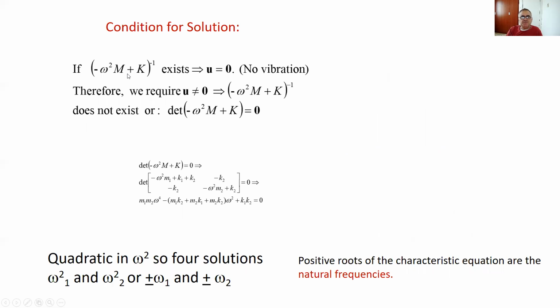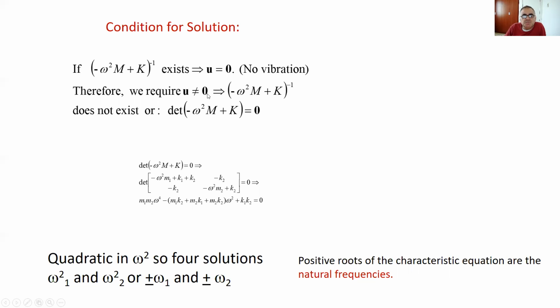And actually, if the coefficient matrix, which is minus omega squared M plus K, is non-singular, which means that its inverse exists, then u has to be 0. But this means that there is no vibration in the system, and we don't want that. We don't want the no vibration case because that's the trivial solution case. Therefore, we require that u should not be 0.